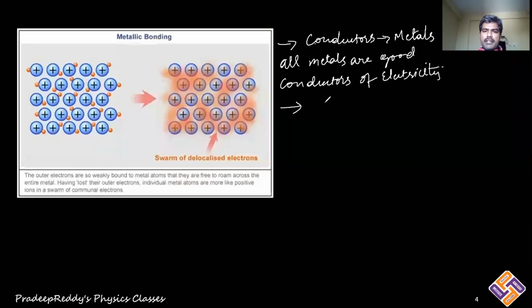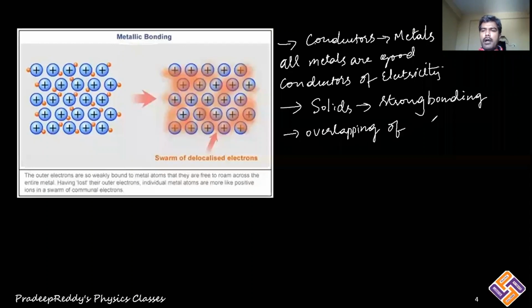So what actually happens is, in the case of solids, there is strong bonding. Strong bonding results in overlapping of outermost orbitals of atoms.